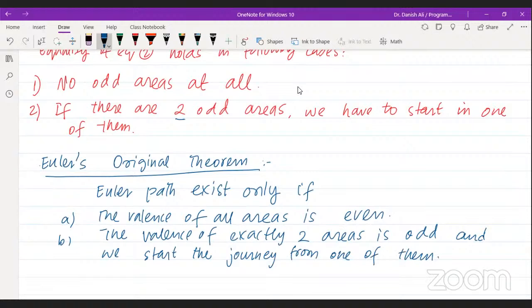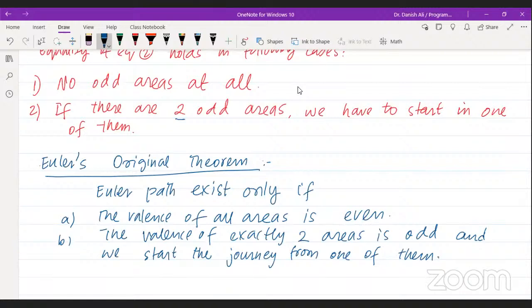If he starts his journey from one of the odd areas, then he or she ends the journey on the other odd area. So this is the condition Euler gives, that the solution of the general problem will exist only if the valence of all areas is even.